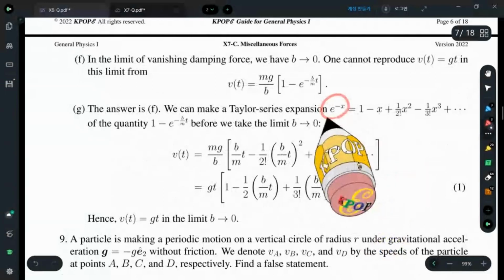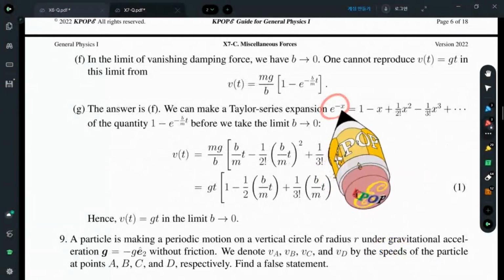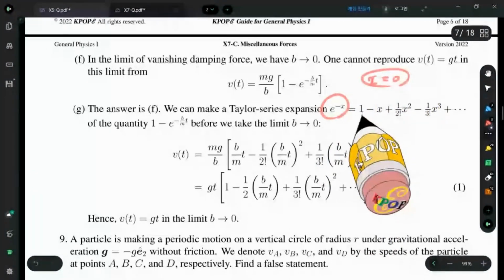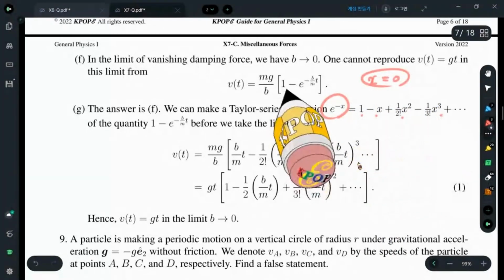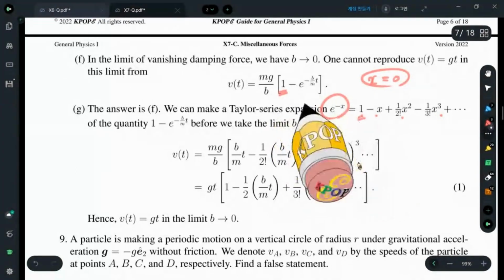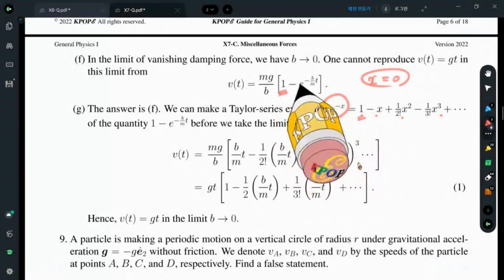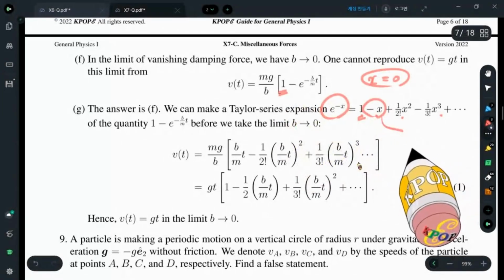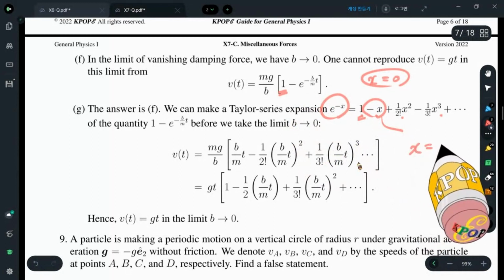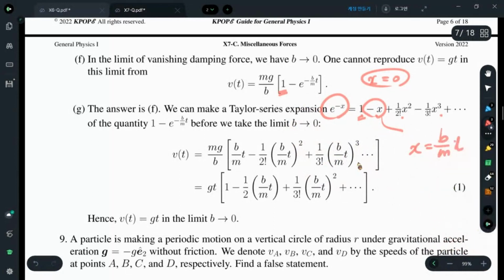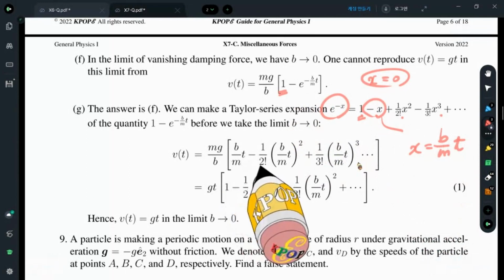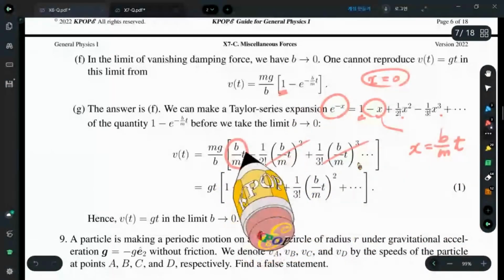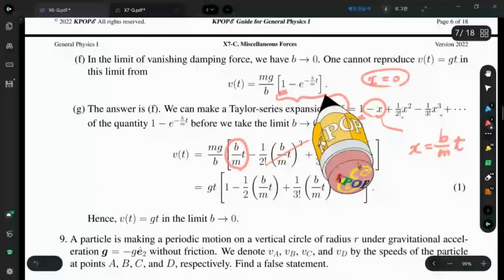We learned how to do the Taylor series expansion of e to the x about x equals 0. So I can expand this one. You will find this one and this one cancel exactly, and this one and this one. This is the leading contribution because this is x equals b over m t. If I substitute this, neglecting the higher order pieces, this one is the leading contribution inside the bracket.